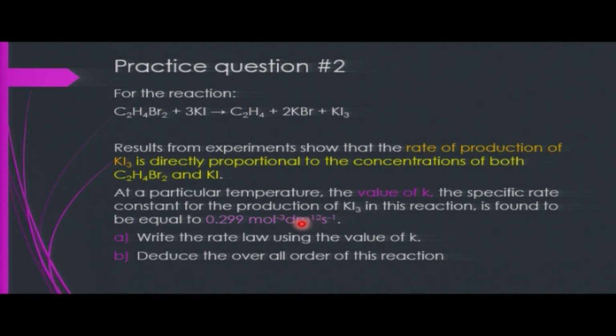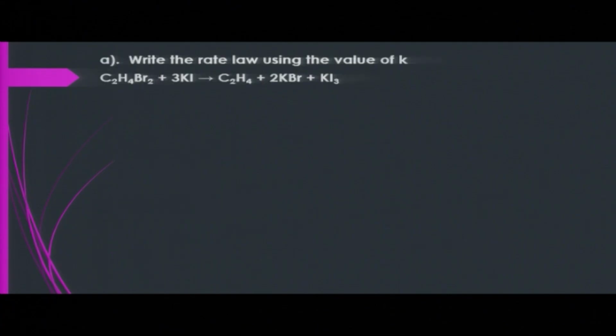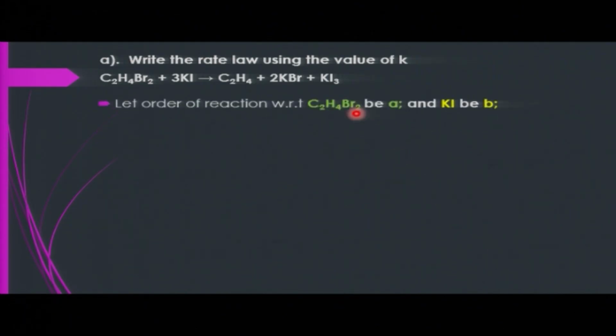So we've been given the value of K. We had to write the rate law using the K value, and deduce the overall order of a reaction. So going with me, the order of reaction, we must first assume, because we don't have it, the order of reaction with respect to this first reactant to be a certain value.